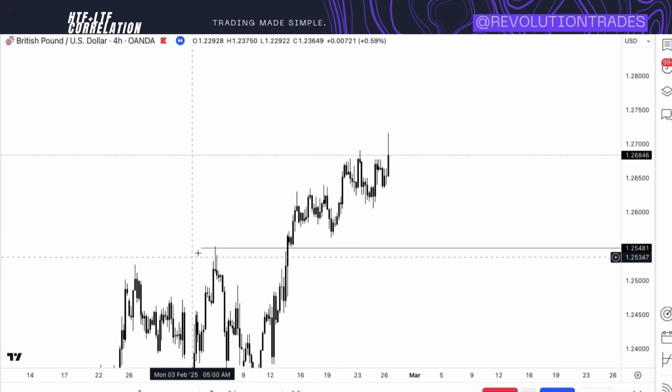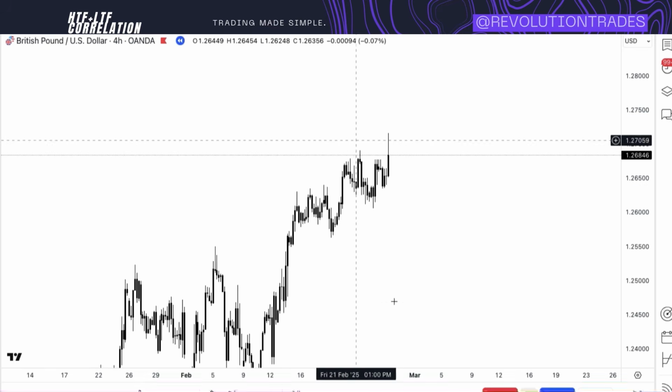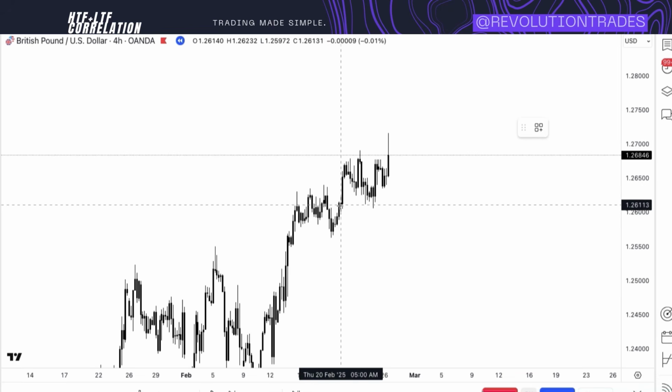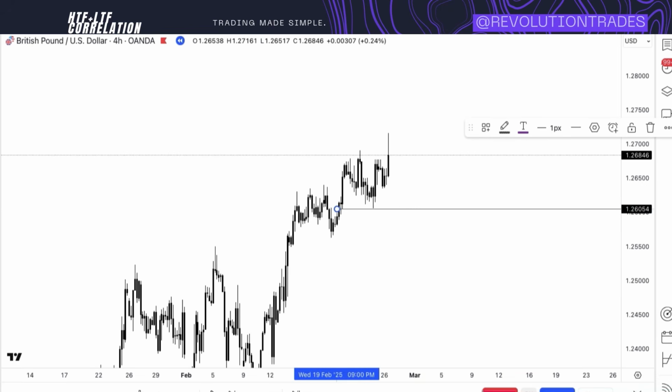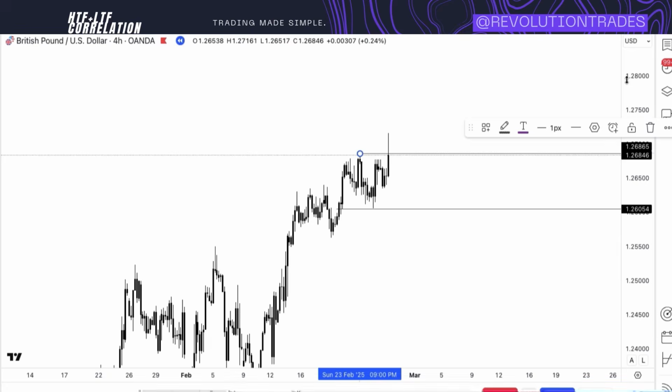Okay, so the next step is identify where you are: higher high, higher low in a bullish market. Okay, we created this low. I'm just going to mark it here. We created this higher low. And we are currently trying to come up to a previous high to maybe create a higher high to continue this trend that we established was what?